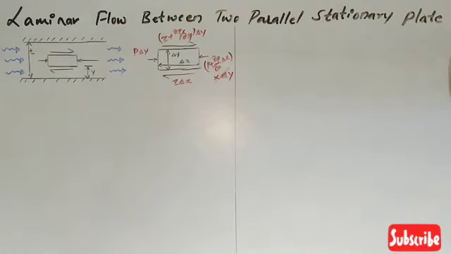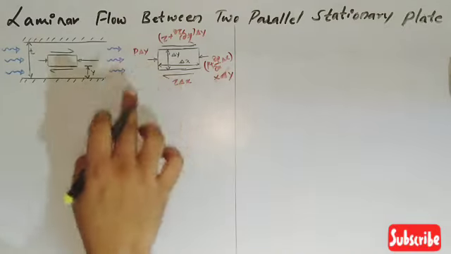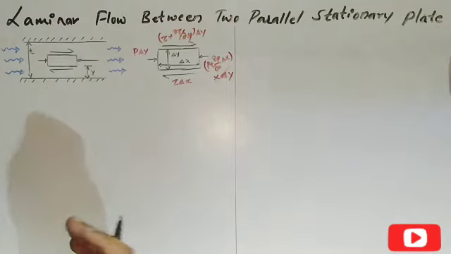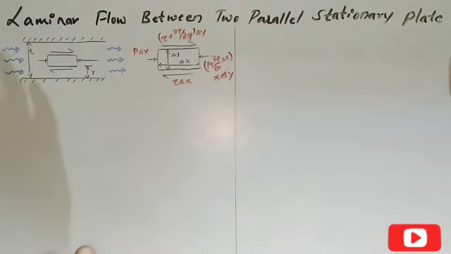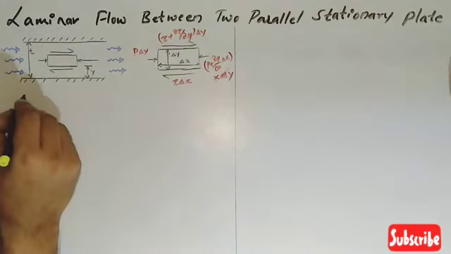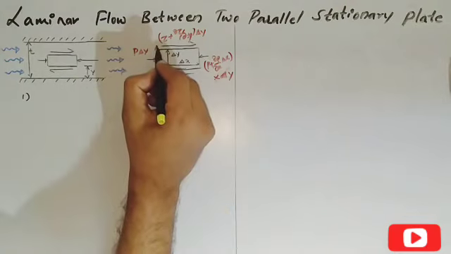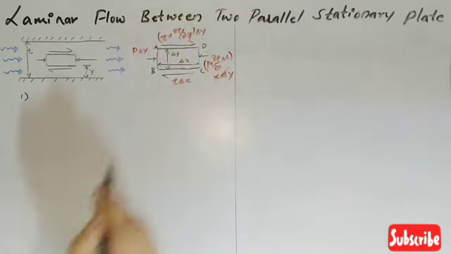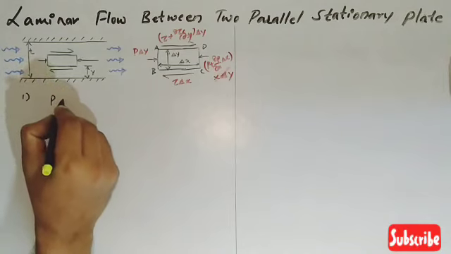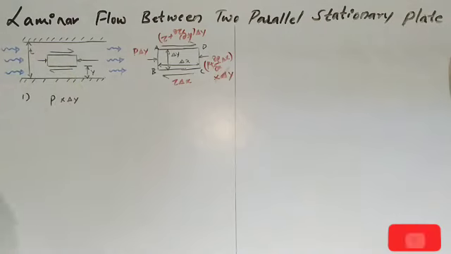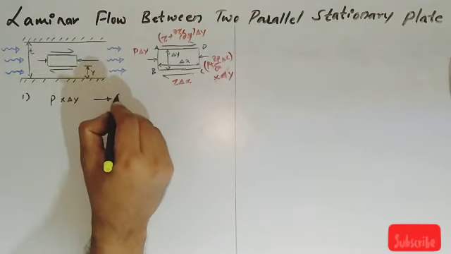Now we have discussed the shear stresses and the pressure intensities. The force acting on this fluid element is nothing but pressure into area, and similarly shear stress into area will give us a shear force. Therefore the first force, the pressure force acting on face AB, is P, that is pressure intensity, into delta y.